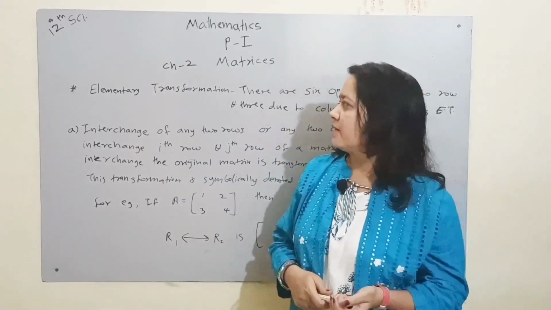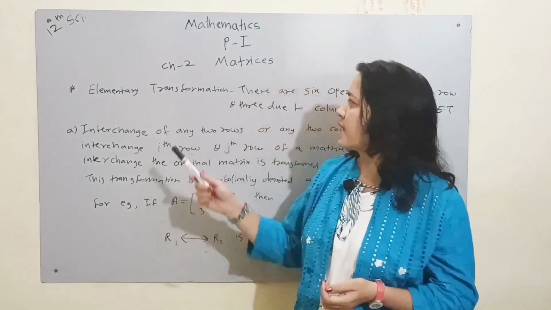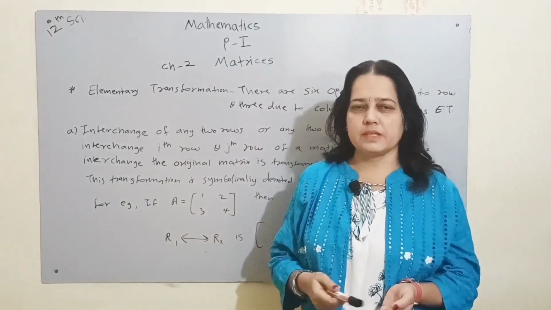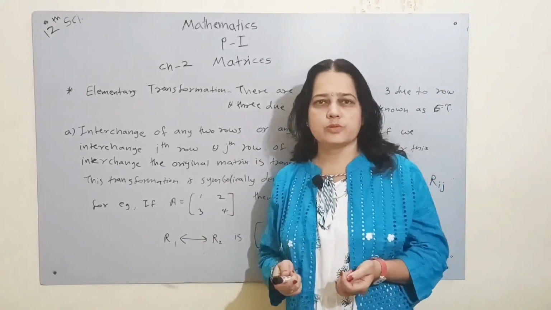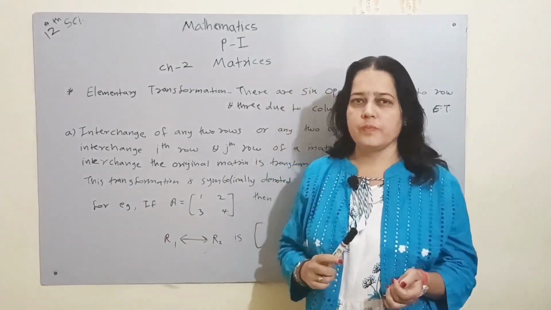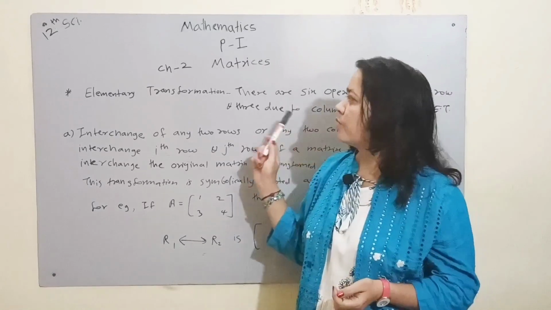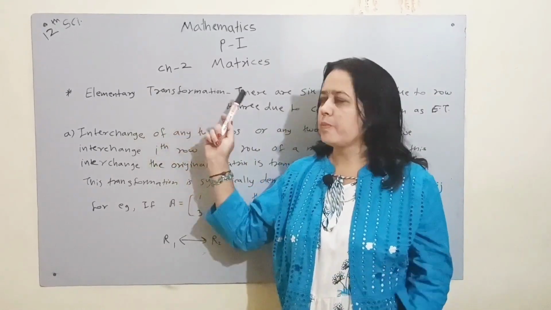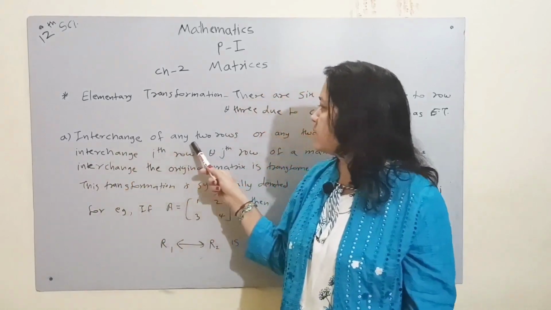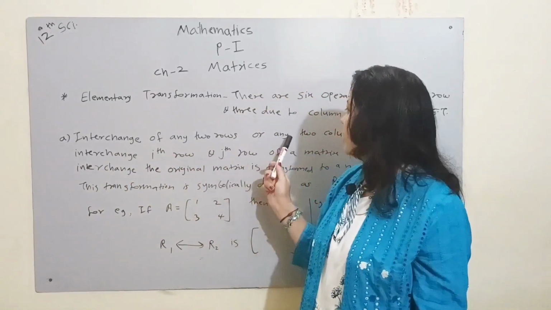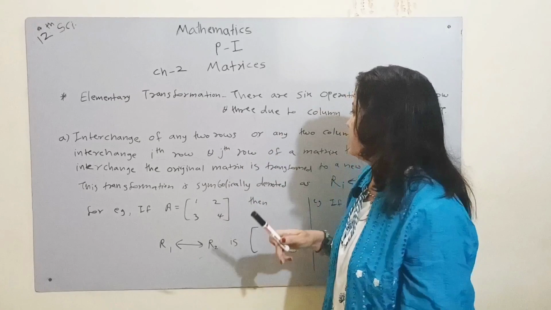So let's start our next point, elementary transformation. What is elementary transformation? There are 6 operations, 3 due to row and 3 due to column, which are known as elementary transformation. So the first transformation is interchange of any 2 rows or any 2 columns.